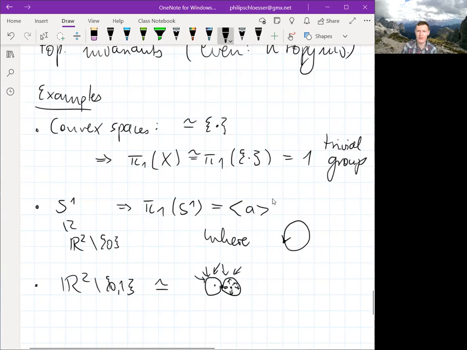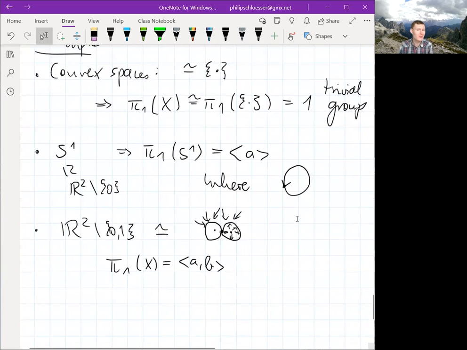And this thing already has a very ugly fundamental group, namely the free group generated by two objects, where one of them is just the loop going around here once, and the other loop is just going around here once.